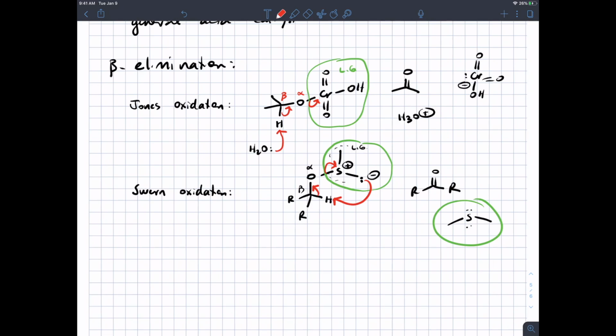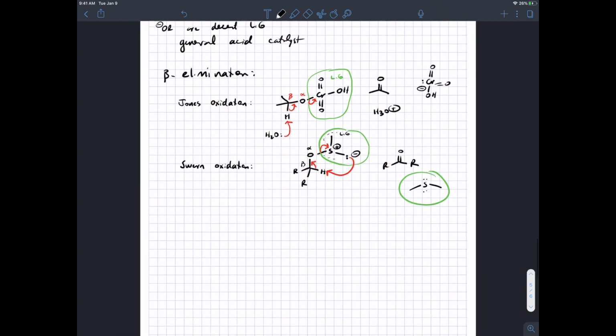All right. There are some other examples of eliminations that involve larger sorts of systems, not now beta eliminations, but longer. This is sort of the elimination analog of the conjugate addition reaction. So here's your leaving group: alpha, beta, gamma, delta, or maybe 1, 2, 3, and 4.